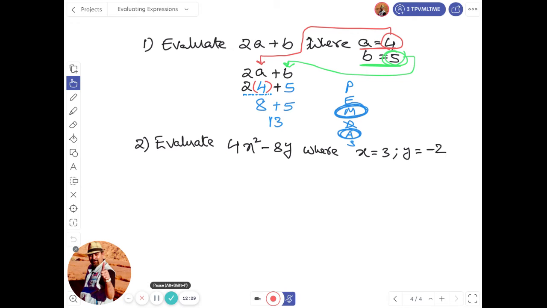Some numbers I'm taking randomly. So let's copy the expression first, which is 4x square minus 8y.